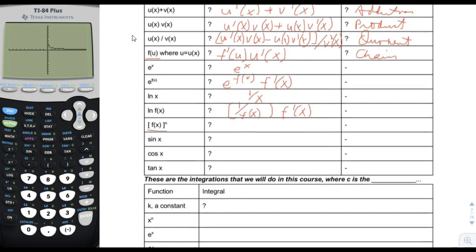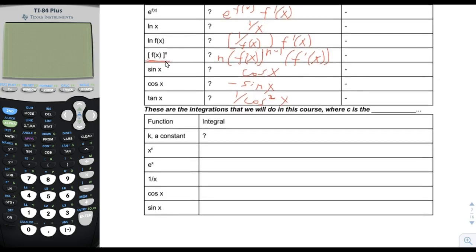If you have something that looks like the power rule but with a function inside, you multiply by the power n, and then times the function to the power of n minus 1, and then with the chain rule, you multiply by the derivative of what's inside. Derivative of sine x is cosine x. The derivative of cosine x is negative sine x. The derivative of tangent is 1 over cosine squared x.